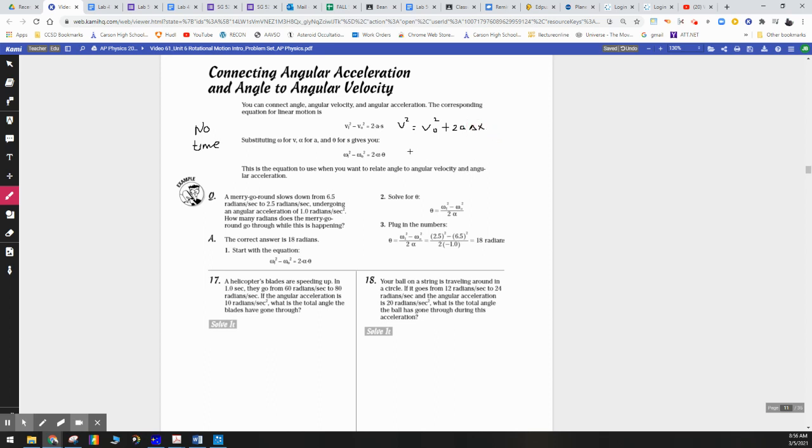So over here we're going to have omega squared equals initial omega squared plus 2 times alpha times delta theta. This is in radians or rotations or revolutions. Look at this solution and see what they did here.